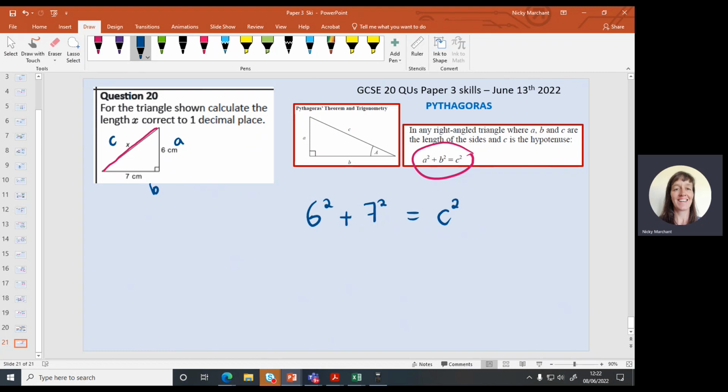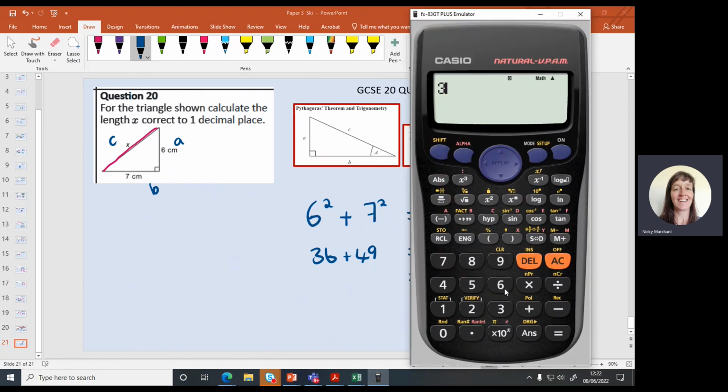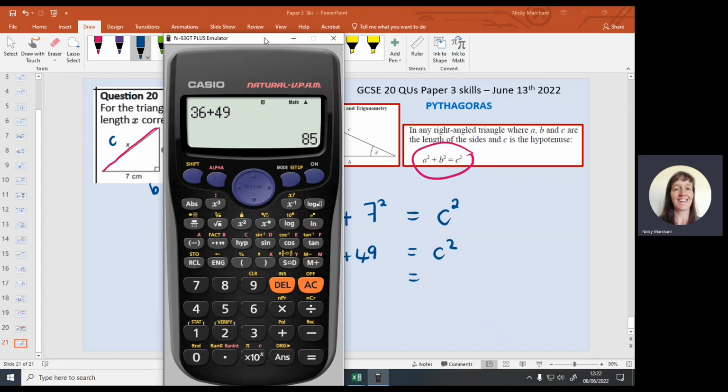You could call it X squared, it doesn't matter. We've got 36 plus 49 equals C squared. Again, you don't need to chance it. You can use your calculator. 36 plus 49 equals 85.